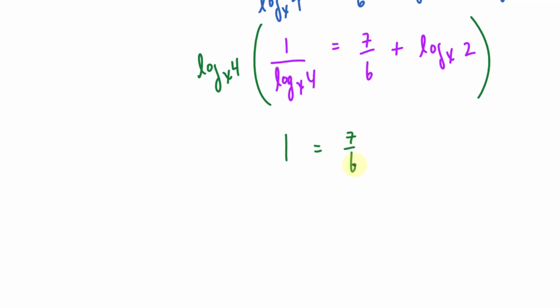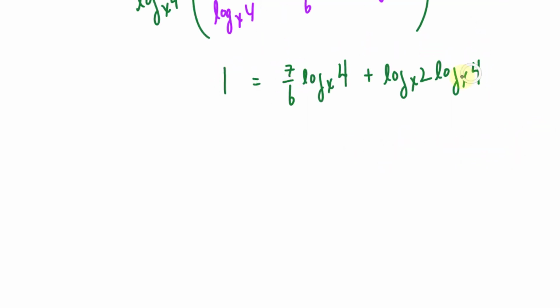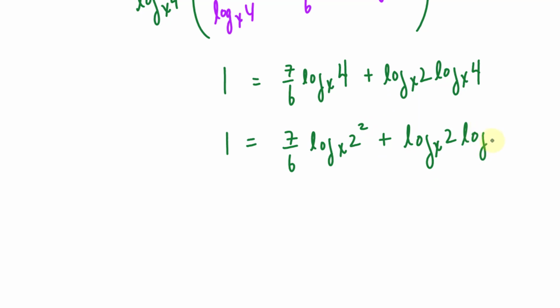Then we'll have 7 over 6 log base x of 4 plus log base x of 2 times log base x of 4. This 4 can be written as a power, where you have 2 to the power of 2. So let me go ahead and show you why that's important. I'll actually do the same thing here. I'll write this as 2 to the power of 2. So we end up with 2 to the power of 2 over here.